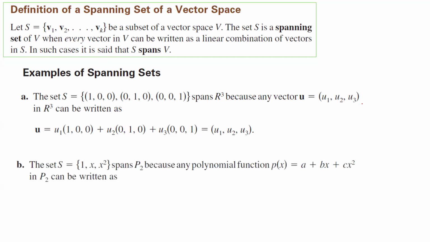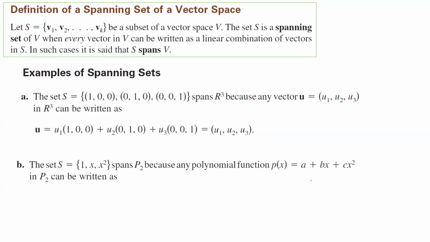Here is another example for you. The set S, including 1, x, and x squared, spans P2. Remember that P2 is all the polynomial functions of degree 2 or less. That's why we write it this way: a plus bx plus cx squared.